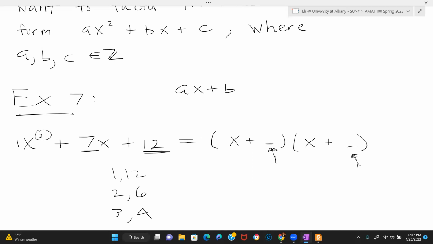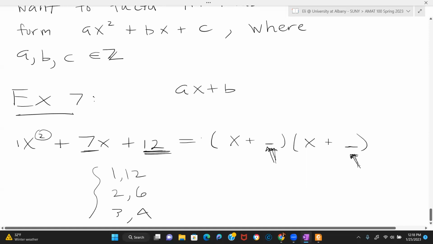So there are two requirements for these boxes. One, the product has to be 12, so they have to be factors of 12, and here are the factorizations. And then they have to sum to 7.